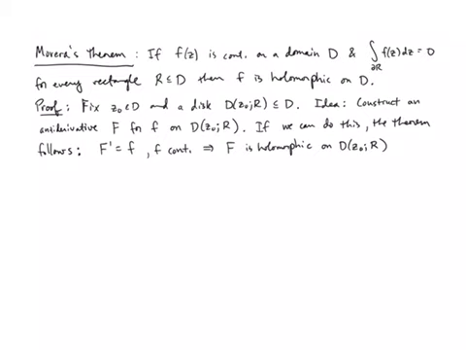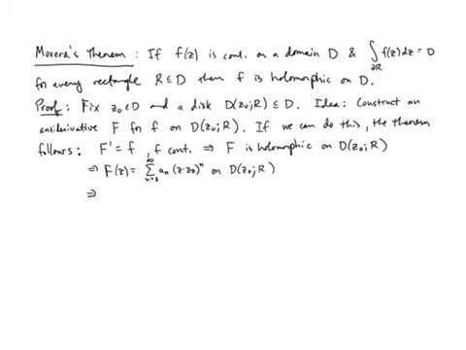And so we'd be able to expand F in a power series. So that would imply that F(z) is equal to the sum of a_n (z minus z naught)^n, and this is on the disk.